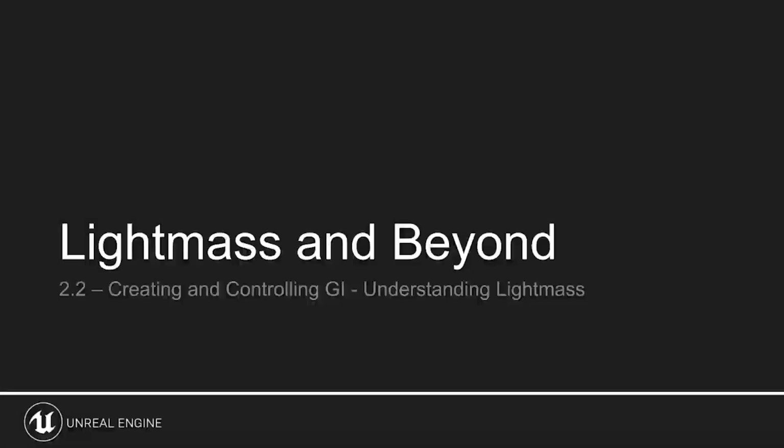Before we can create a good global illumination solution in Unreal, we need to understand at least a little bit about what Lightmass is and how it works, simply because it is Unreal's way of calculating and storing indirect lighting information.